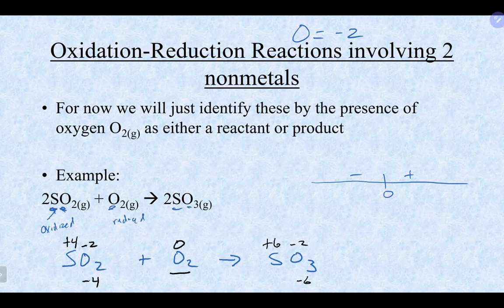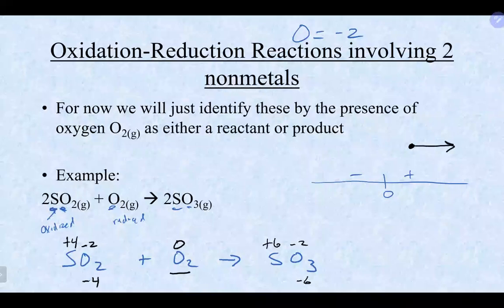We could figure out what is being oxidized by just following our oxidation numbers. The sulfur started at +4 and actually ended at +6, which is going in this direction, becoming more positive, which means it is going through oxidation.